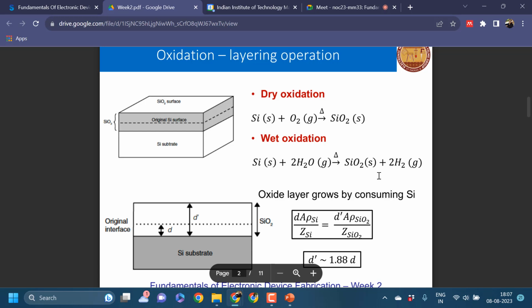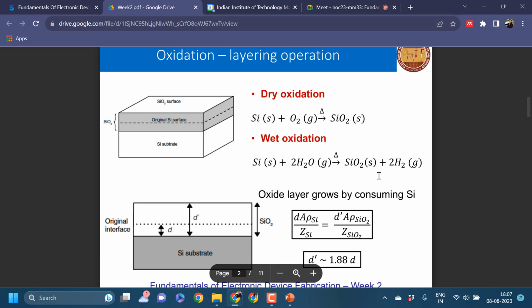So oxidation comes under which process? Like oxidation was there, PVD, CVD was there. So oxidation comes in what types of layering?